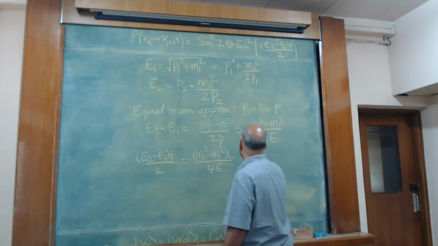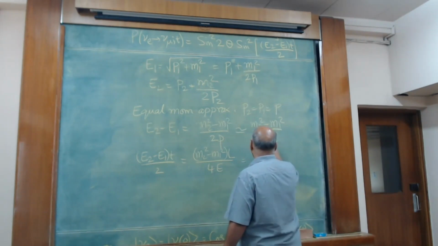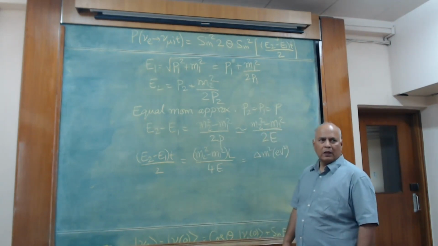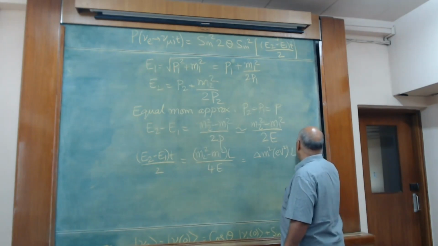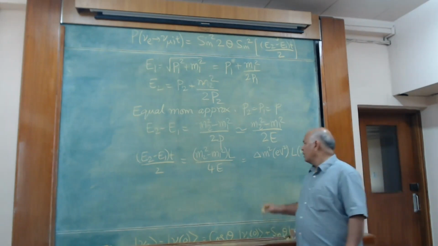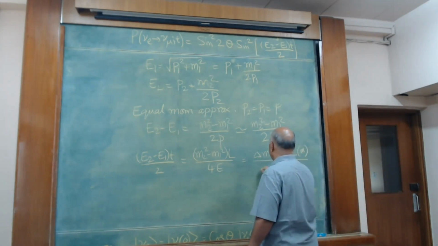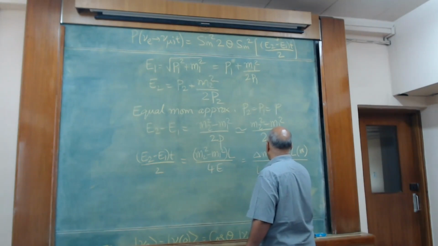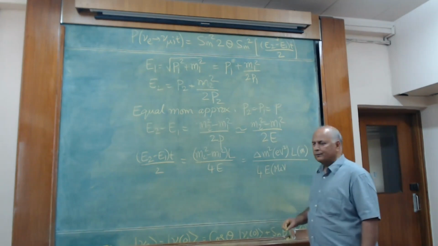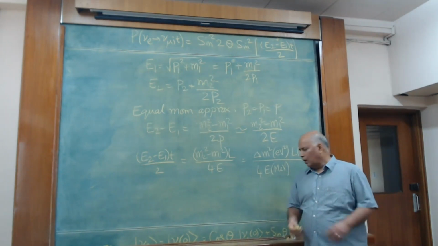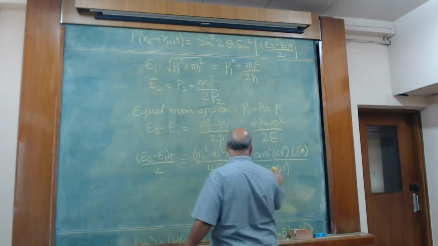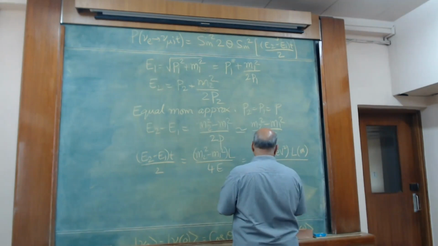So this delta m square I express in eV square, and L I express in meters, and 4 times E I express in, or let me not say MeV, E also I will express in eV.